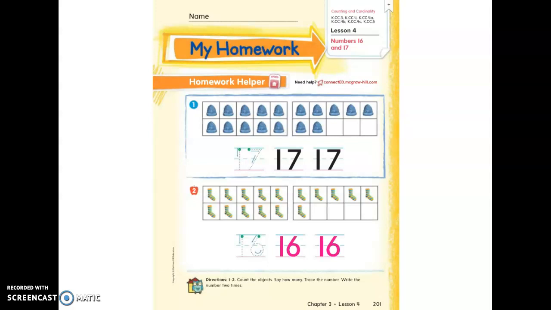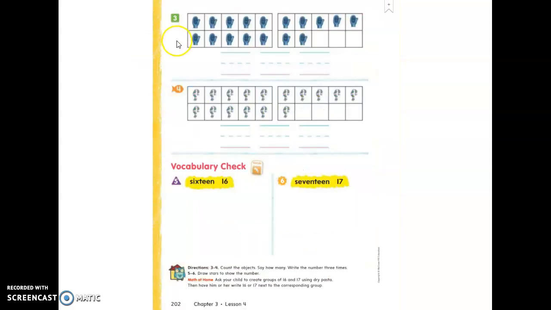These are the correct responses. Now try to do the same thing on page 202 for numbers 3 and 4. And when you get to numbers 5 and 6, for this one you're going to draw 16 objects, and for this one you're going to draw 17 objects.